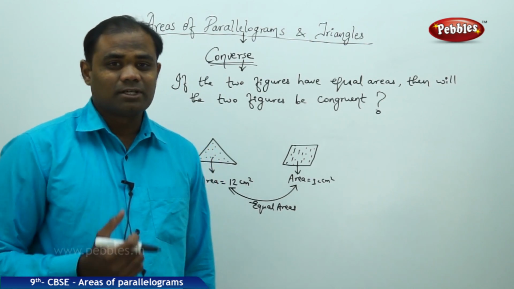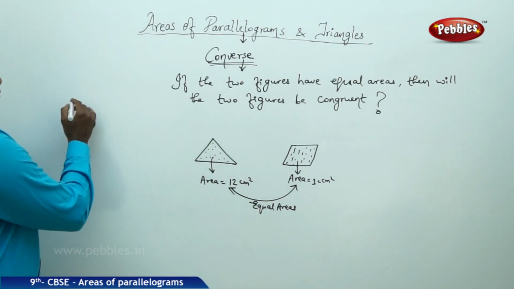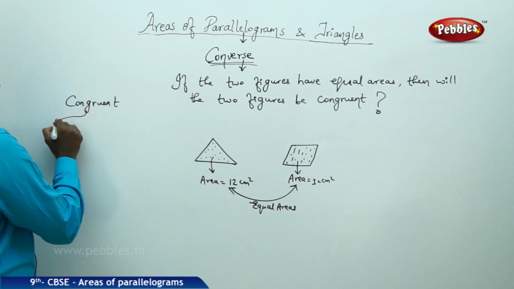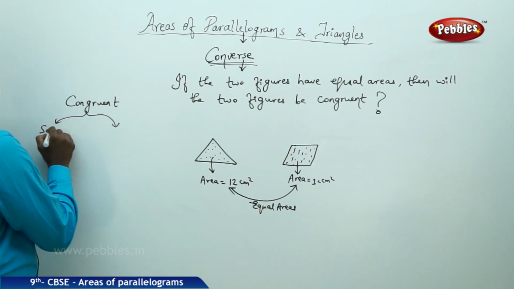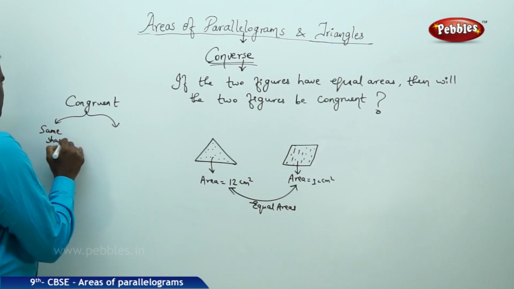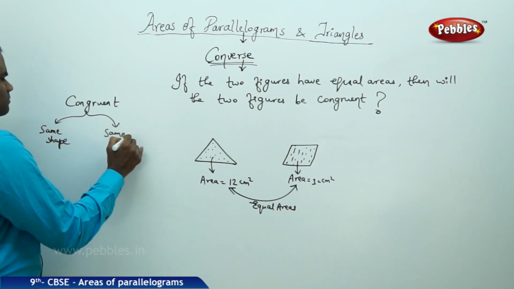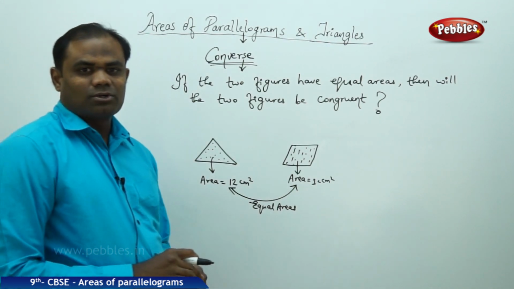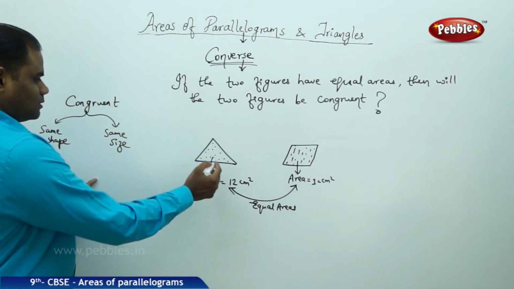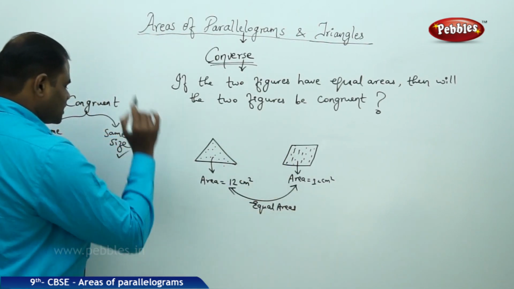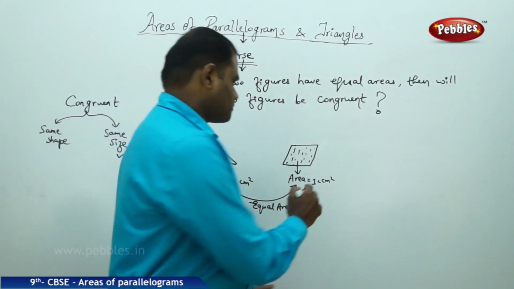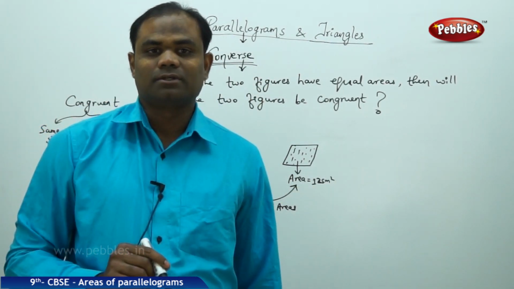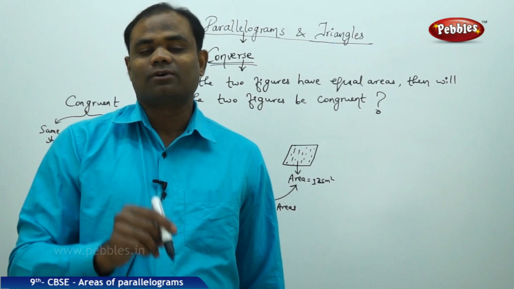The congruency concept says that two figures are congruent if they have the same shape and the same size. Now the triangle and parallelogram have the same size because their areas are the same, but whether they are of the same shape is also very important in ruling on congruency.